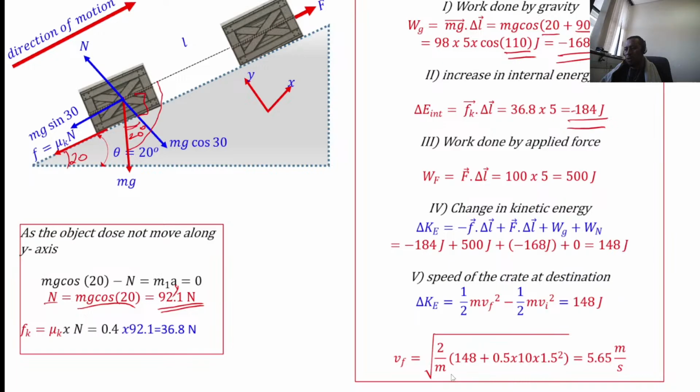If you put it together, you simply get that the final speed of this car at the destination is equal to 5.6 meters per second.